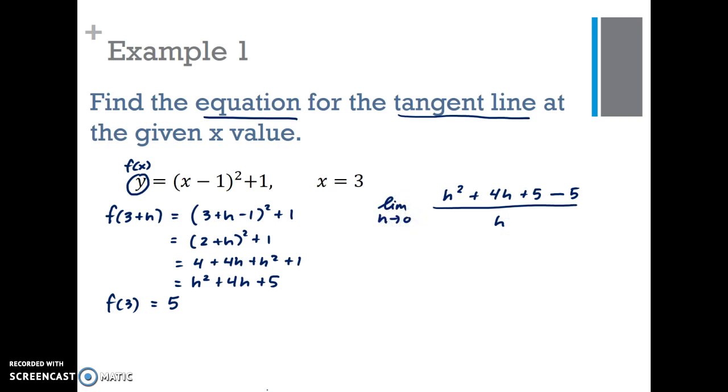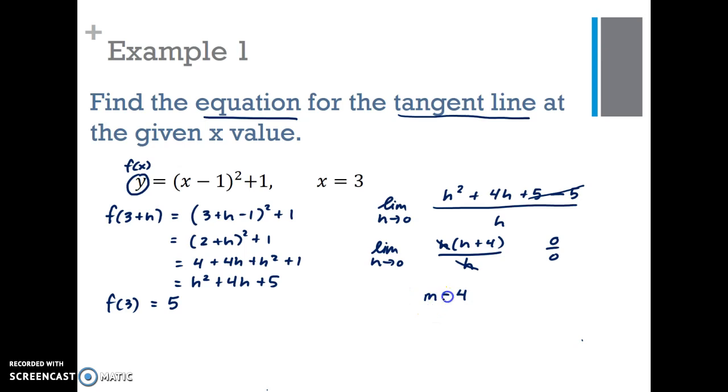And so then the 5's subtract away, and I can factor an h out of the numerator that's left, so I can take that as h times h plus 4, all over h. And what I notice is that if I plug in 0 at this point, I get 0 divided by 0, which means that I don't have an answer yet. I need to do more work, but these two h's cancel. So now if I plug in 0, I get 4.